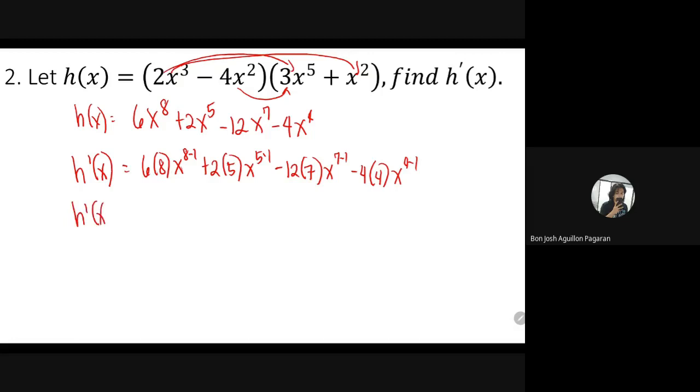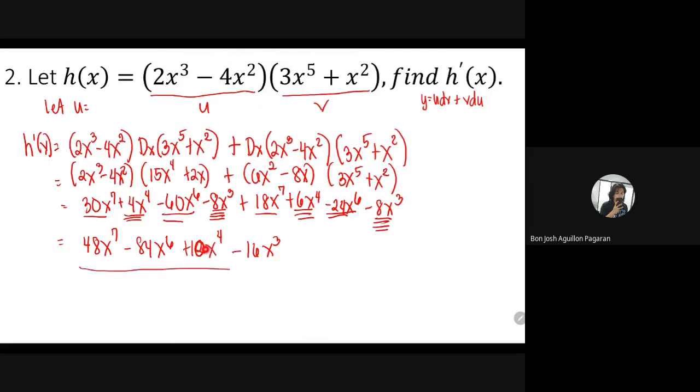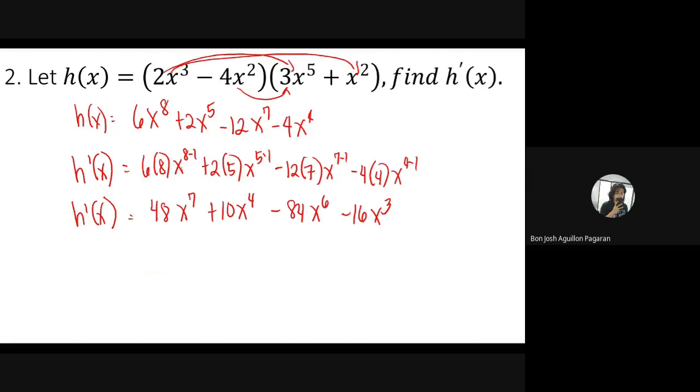So the derivative now will be 48x to the 7th power plus 10x to the 4th power minus 84x to the 6th power minus 16x cubed, which is equal now to the first equation. Same lang siya. So you can do this alternative when getting the derivative of two product ng function ng function.